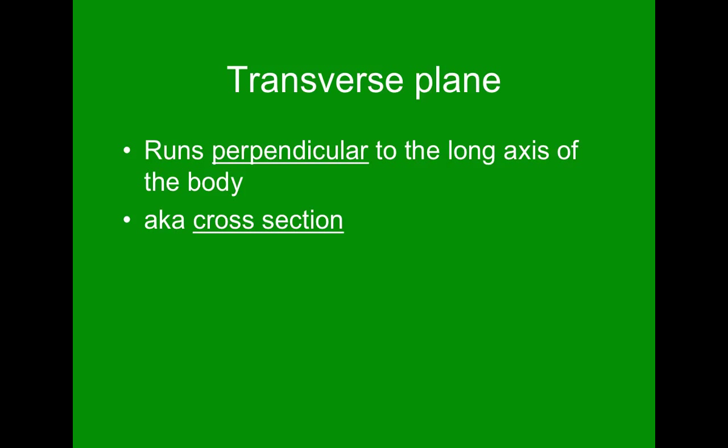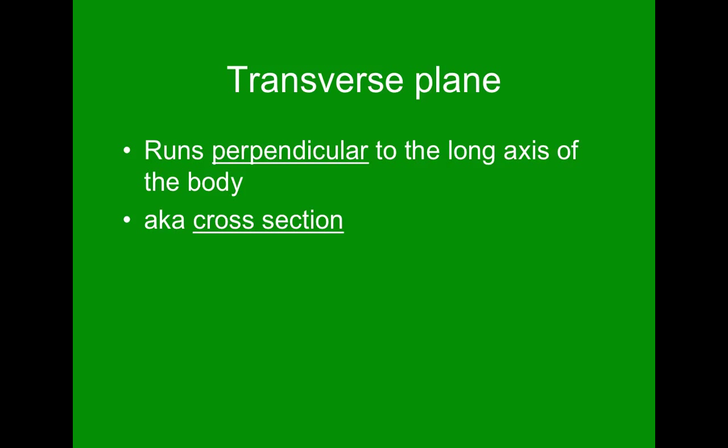When we take a cross-sectional slice out, it's going to divide the body into a superior portion that's left behind and an inferior portion that's left behind. If you think about it, the slice is supposed to be very, very thin.